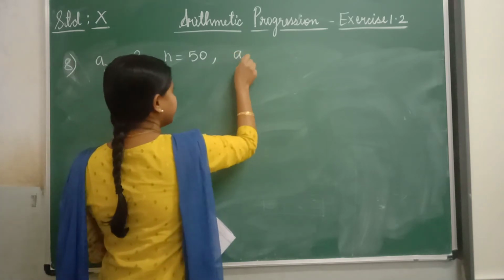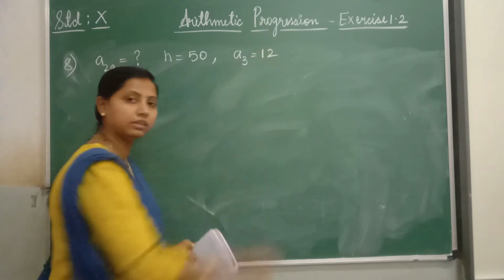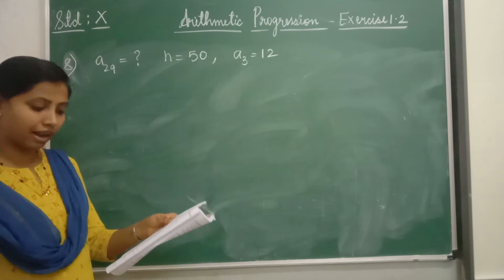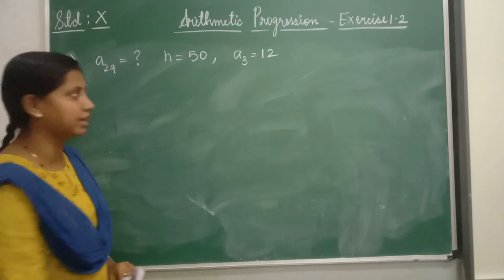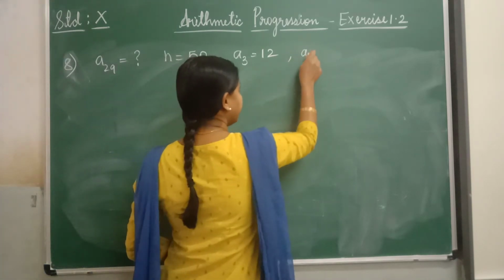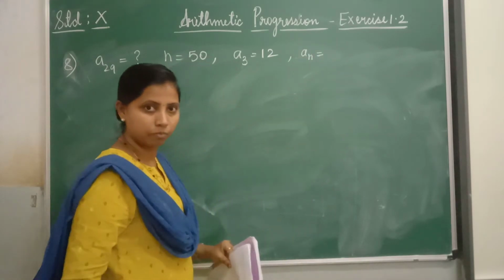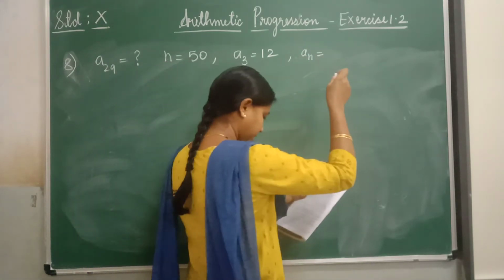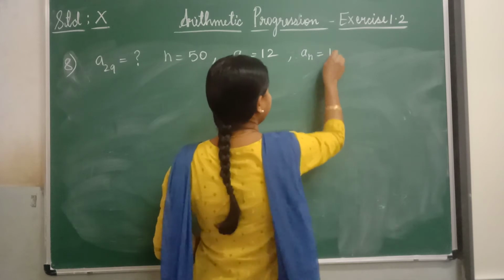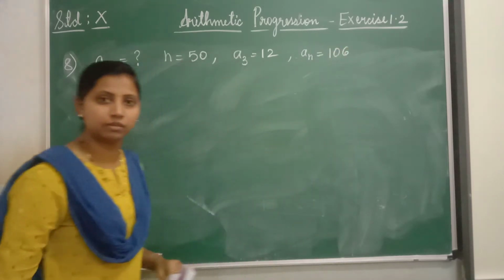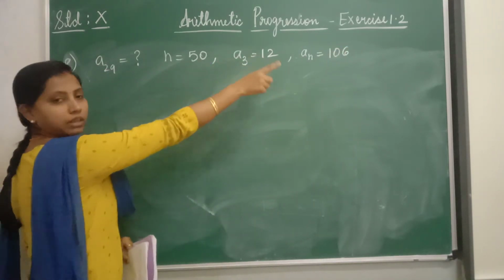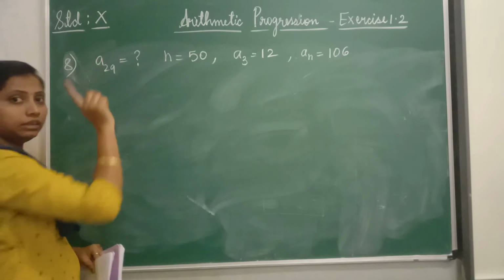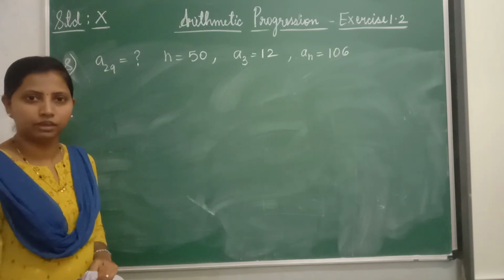Third term is nothing but A3. A3 is 12. And the last term is 106. Last term is nothing but AN. AN is 106. So using these given things, you have to find the 29th term of the AP.